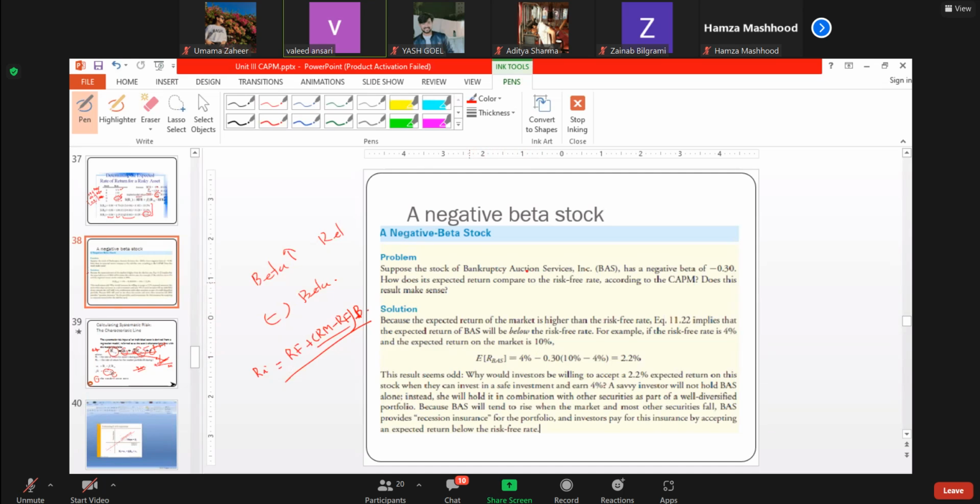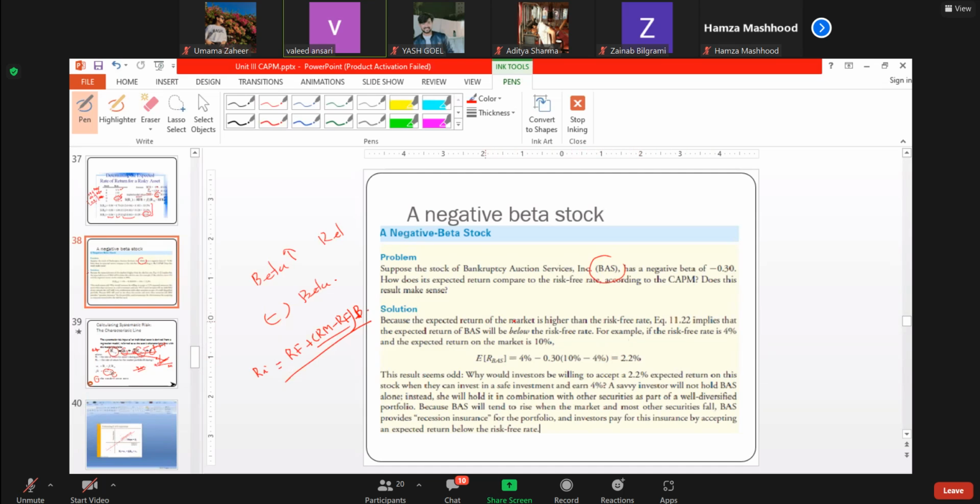Suppose the stock of a bank or some company. I have calculated the beta for a number of securities over the years. Hardly do we find negative betas, and when we do, it is because of some technical error or technical issues. Assume theoretically that there is a possibility of having a negative beta.